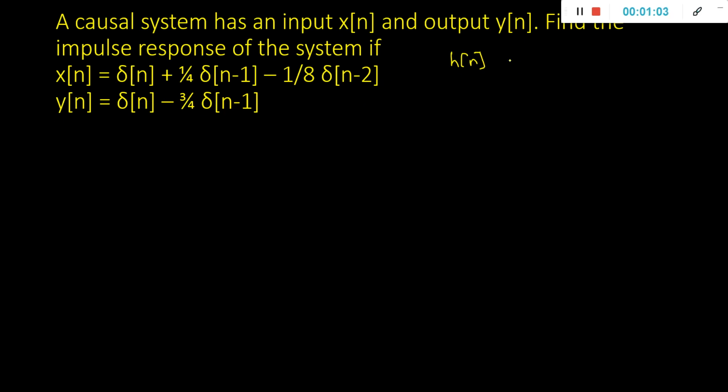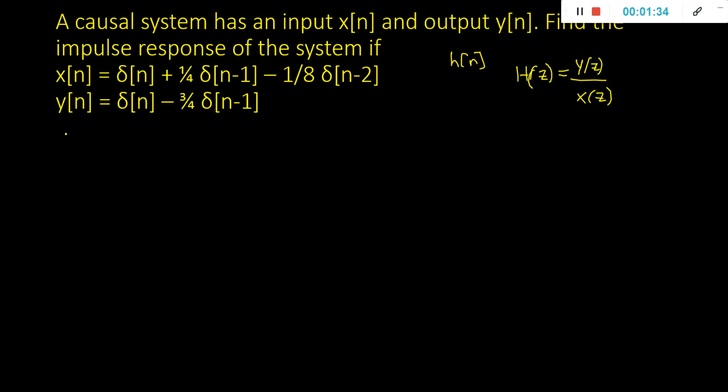We know the fact that the system function h of z is given by y of z divided by x of z. So the idea is very simple and straightforward. I should find the z transform of y of n, I should find the z transform of x of n, and divide one by the other to get the system response h of z. Now, if I take the inverse z transform, I'm going to get the impulse response h of n. So that is what I'm going to do now.